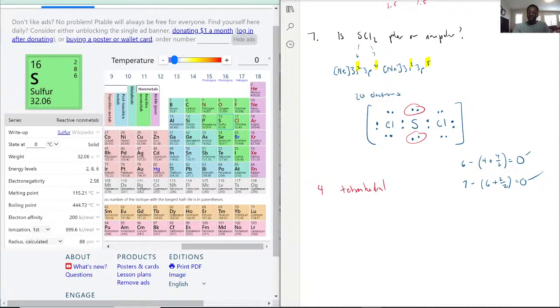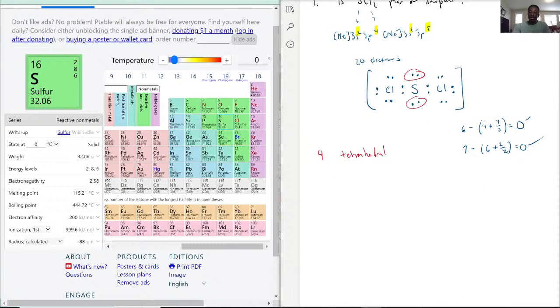So this would be the electron geometry. But the molecular geometry accounts specifically for which of them are bonds and which are just lone pairs. We have a 2-2 split, making this shape actually bent. Why is it bent? You have the sulfur in the middle and the chlorines.